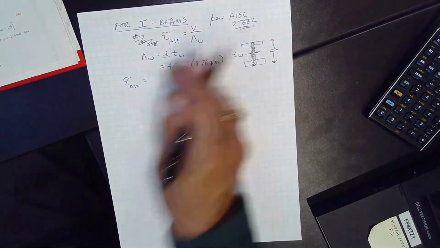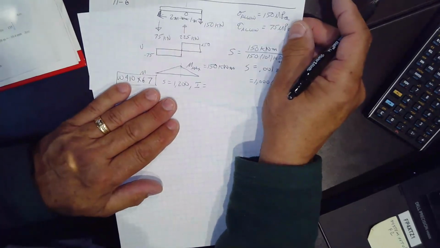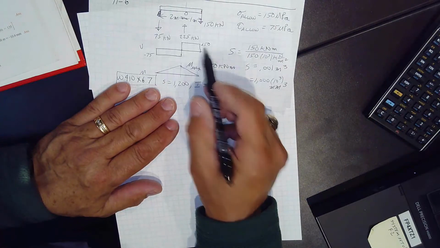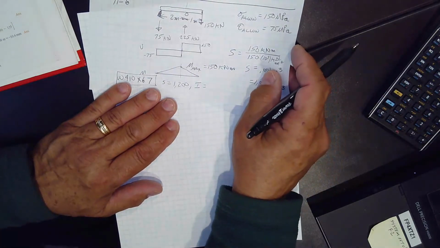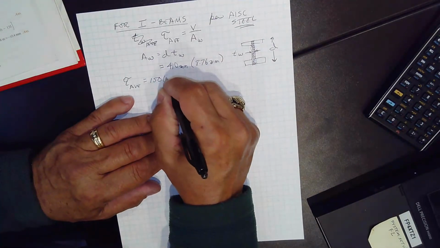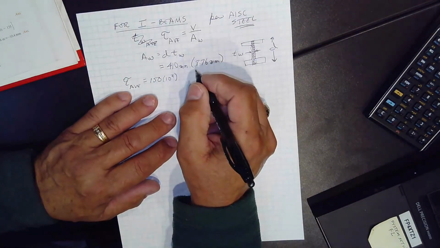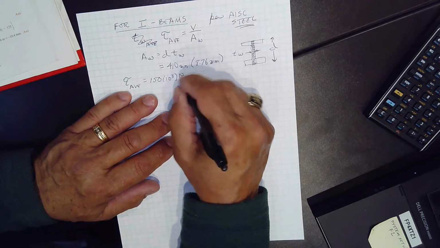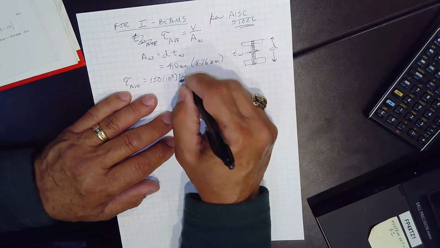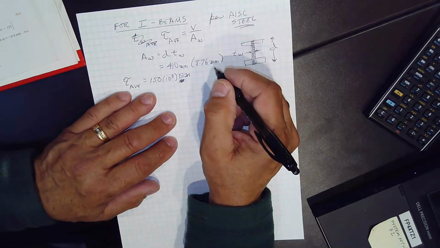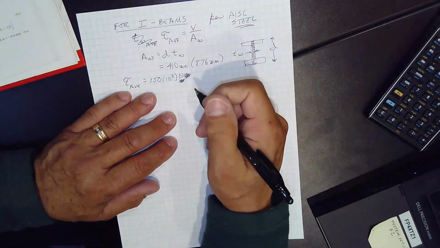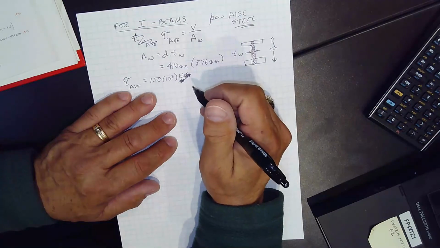What's our maximum shear? We go back to our shear moment diagram. We say the max shear is 150, right? 150. So it's 150 times 10 to the third, because that's kilonewtons. No, excuse me, I need shear. Just 150 newtons. Okay, sorry. 150 newtons.